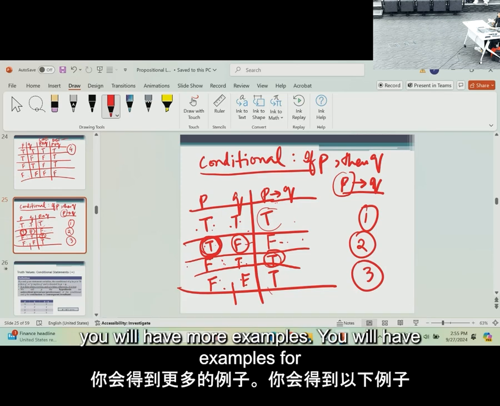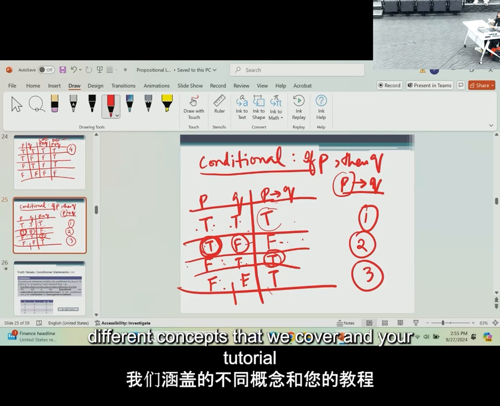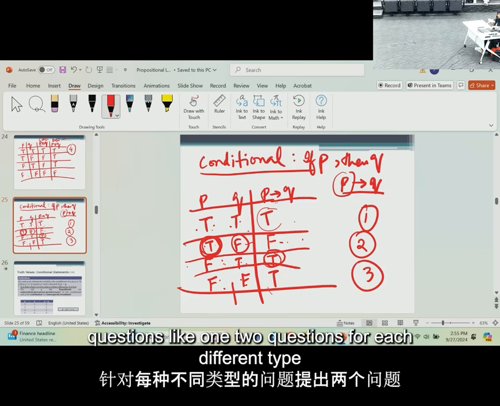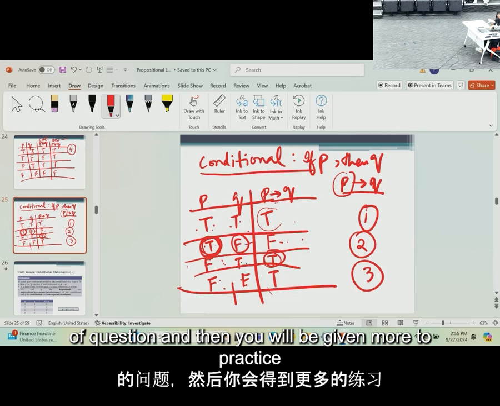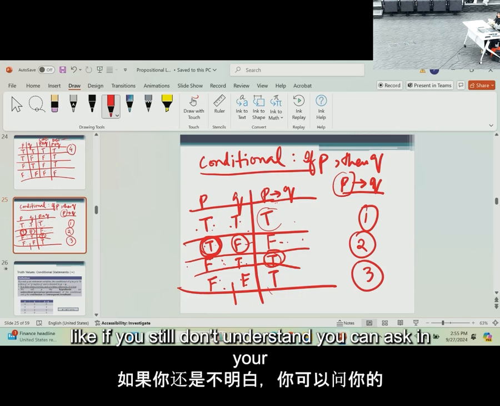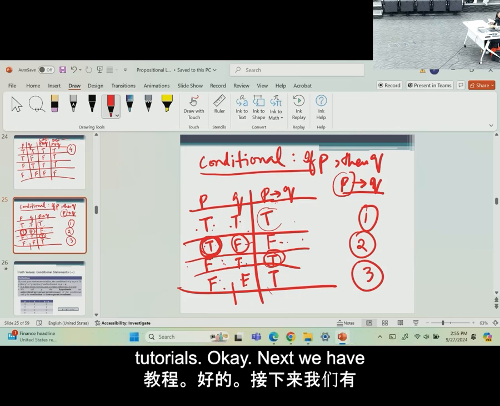And in your tutorial, you will have examples for the different concepts that we cover. Your tutorial lecturer will explain 1 or 2 questions for each different type of question, and then you will be given more to practice on your own, okay? But if you still don't understand, you can ask in your tutorials, okay?